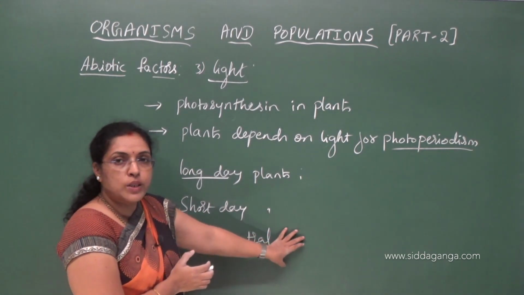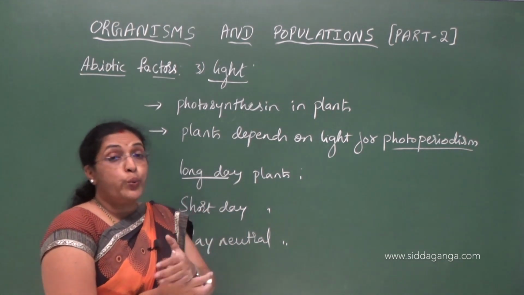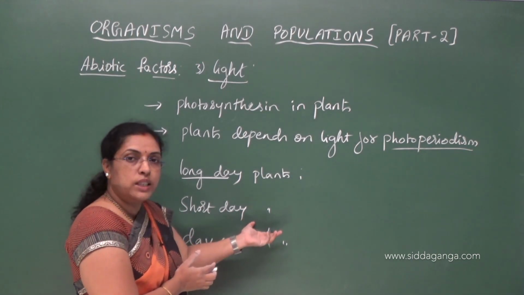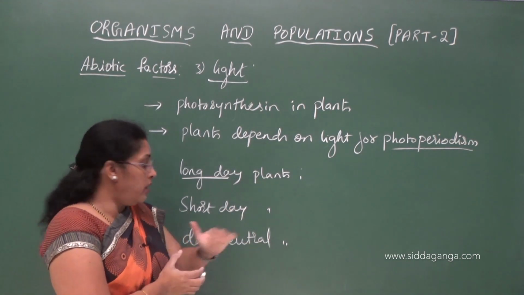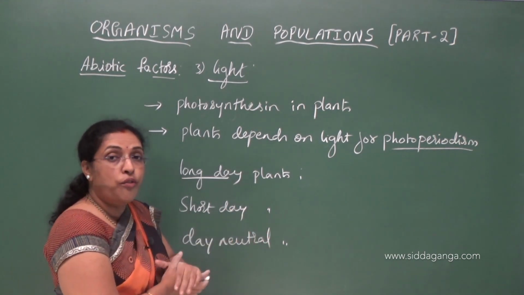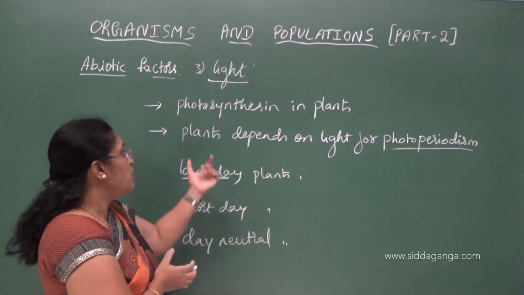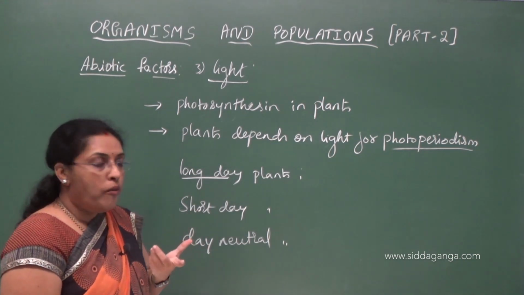Day neutral plants means these plants can flower between 5 to 24 hours in a day, which means they are not dependent on light for flowering. They are called day neutral plants. So plants depend on light for photoperiodism, that means for flowering.